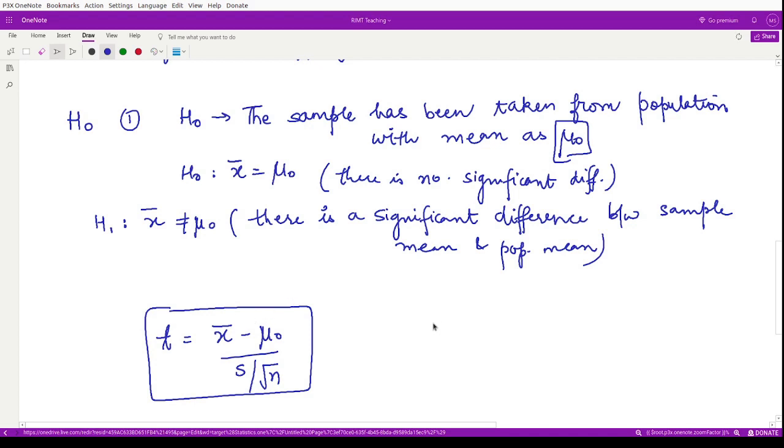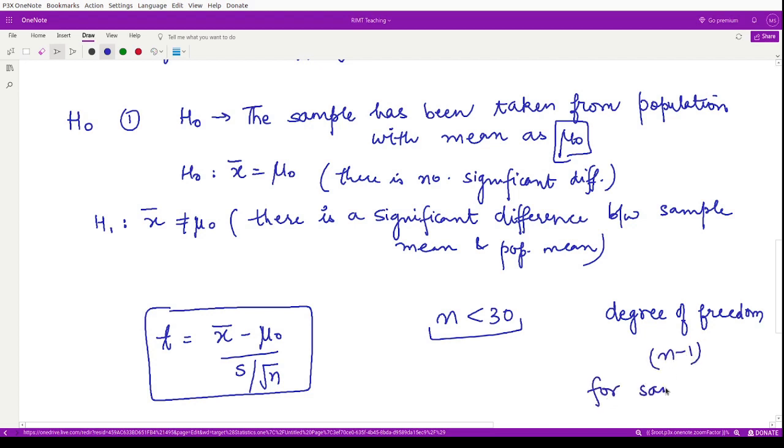However, here the number n would always be less than 30 because here the sample is a small sample, and here the distribution, the degree of freedom, if the sample has n elements, then the degree of freedom would be n minus 1, for n as the sample size.